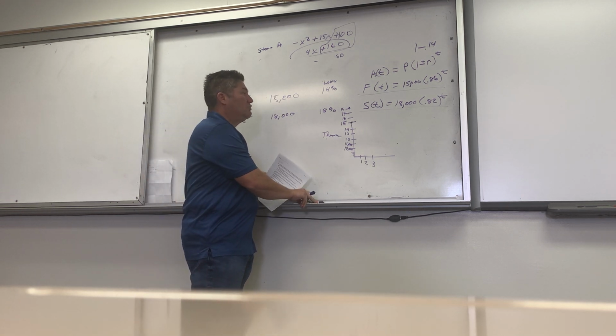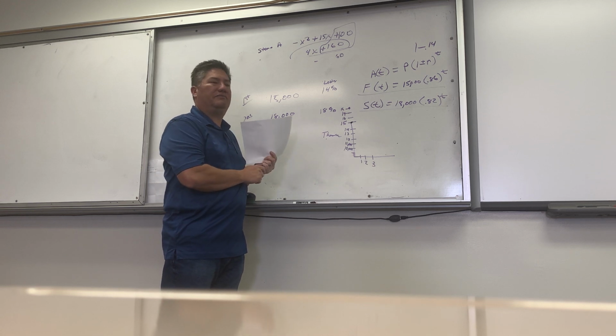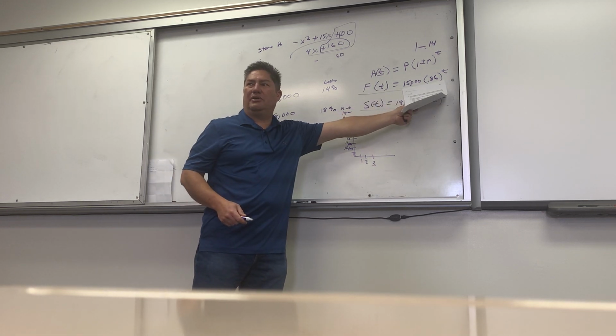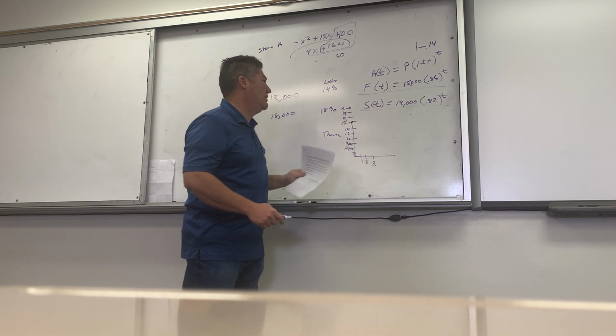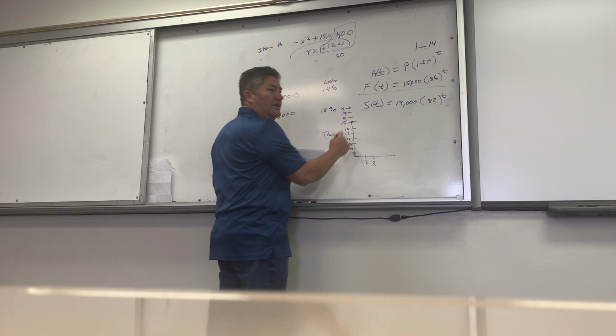So when you hit trace 1, what did you get? Or you can plug in 1. Put it into your calculator right now and just put in 1. What'd you get for the one that was 15,000? How much was it worth after a year?